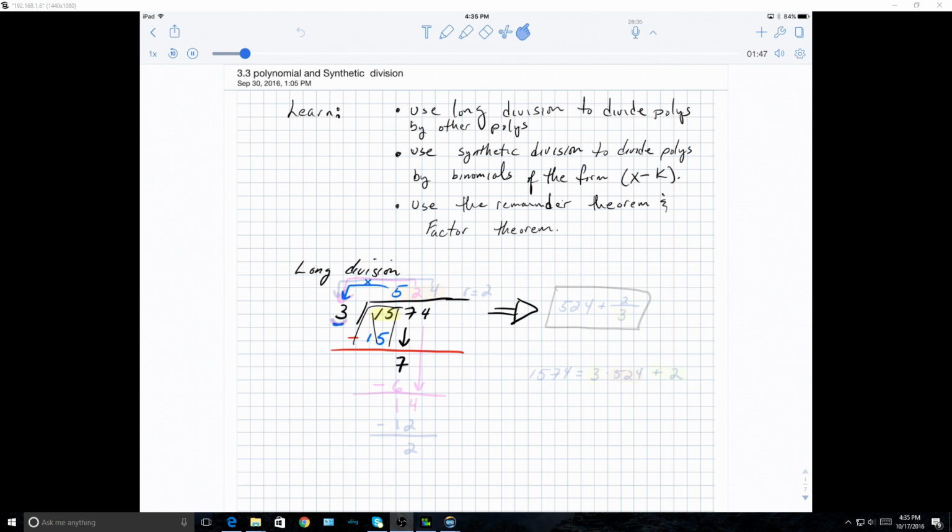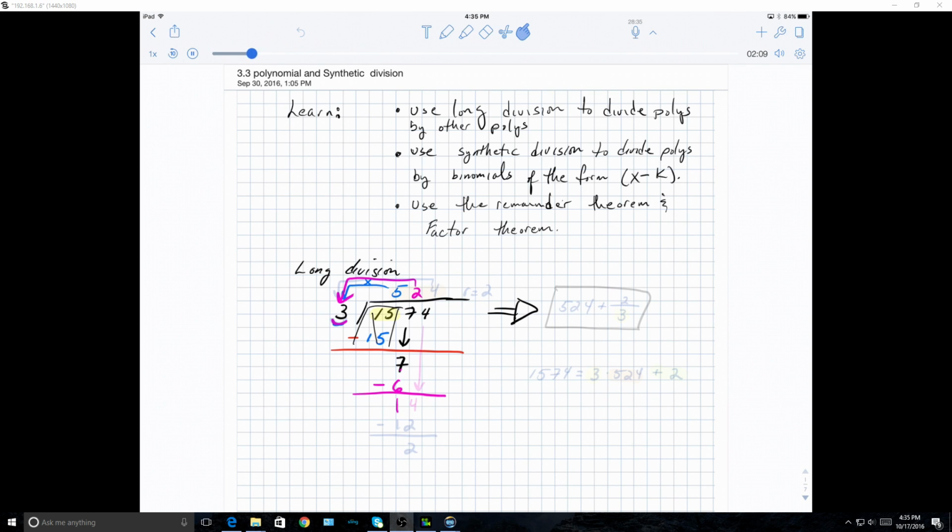And then we ask ourselves, how many times does 3 go into 7? Well, that's twice, so we'll put a 2 there, and then we'll do 2 times 3, and that's 6, and we'll place it there, and then we'll make sure that we subtract it, and then we'll do the subtraction.